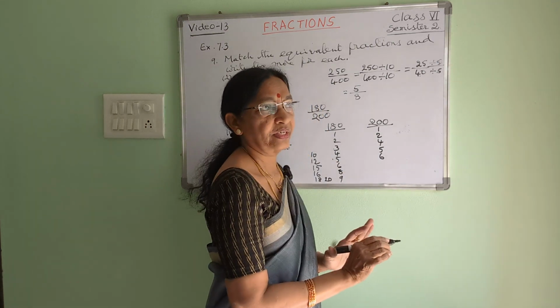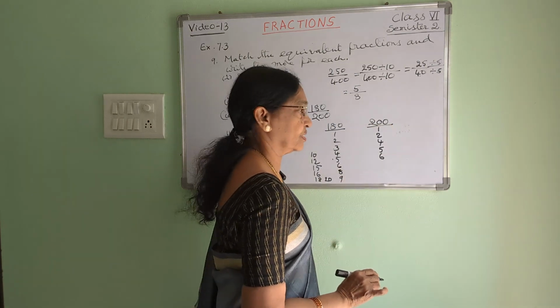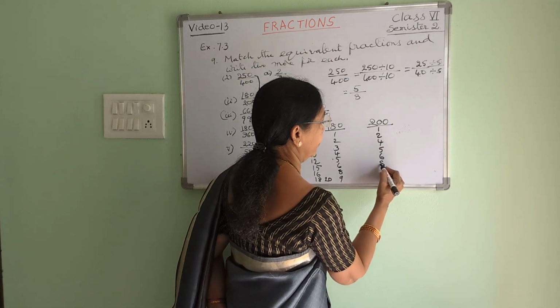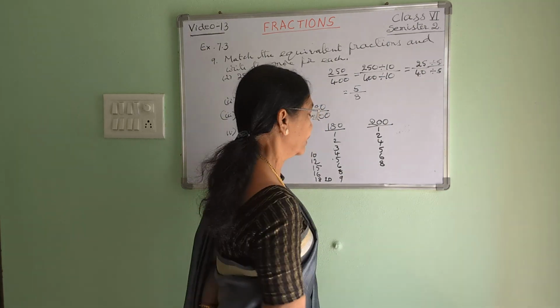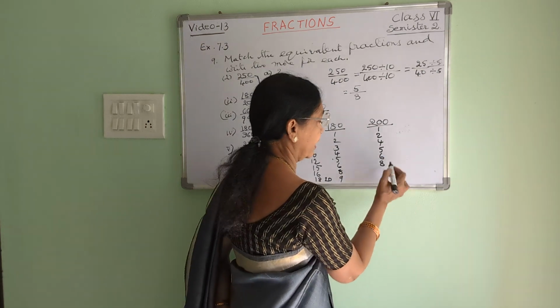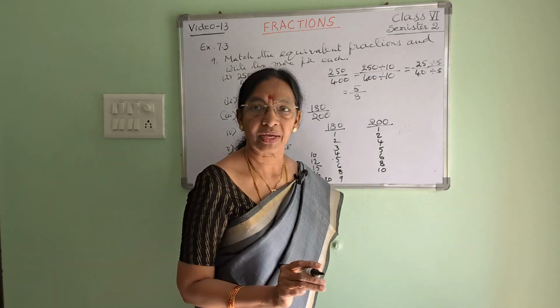8 is a factor because the last 2 digits are 0, that is divisible by 4 and 2. And 4 and 2 are also factors. 8 is a factor. 9 is not a factor. 10 is a factor. 11 is not a factor.